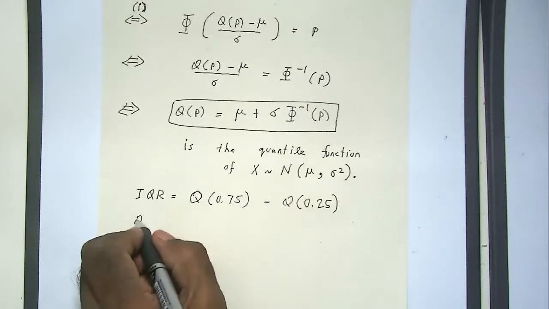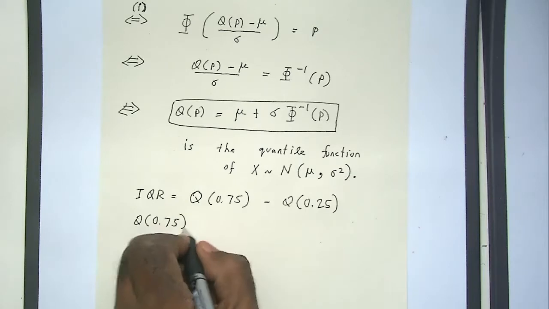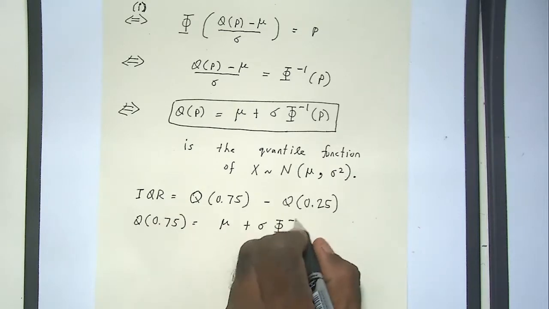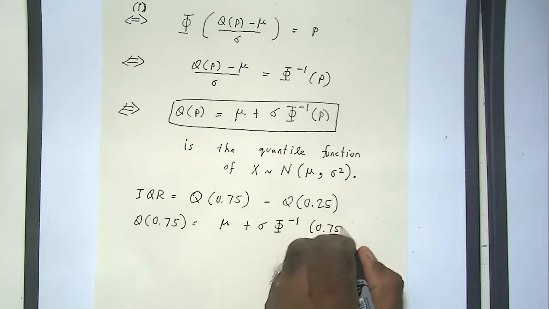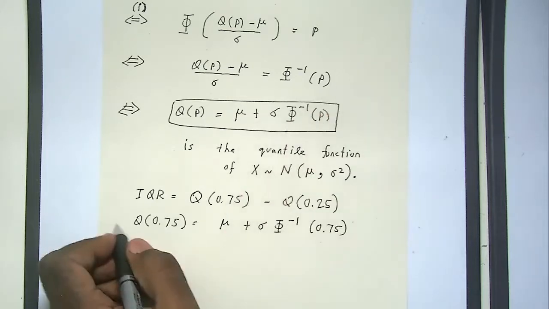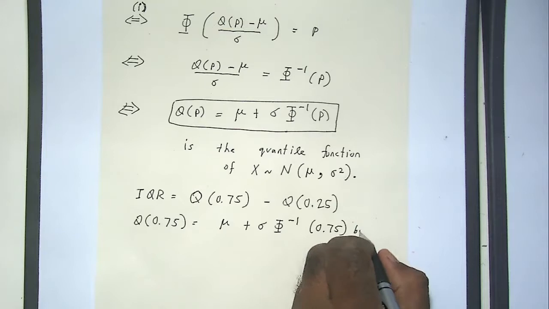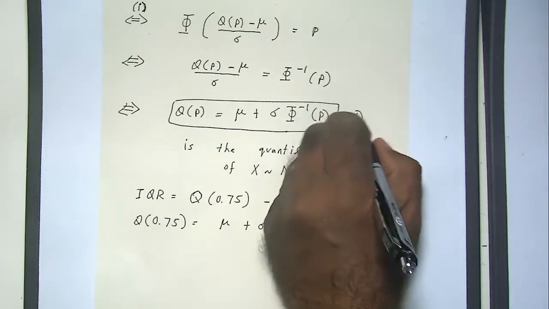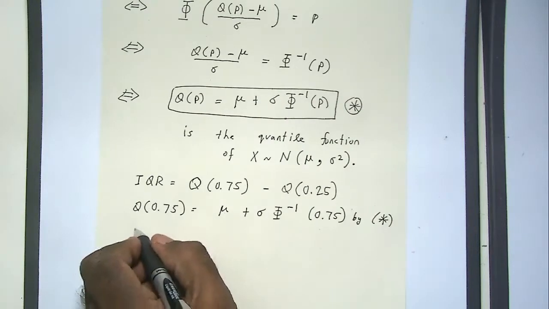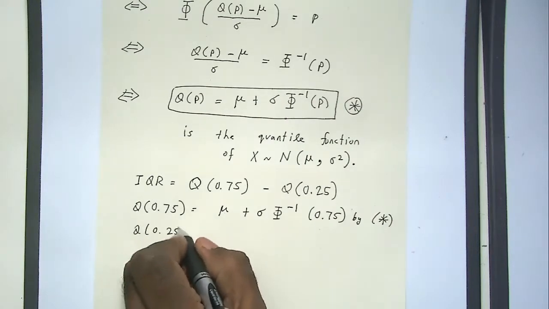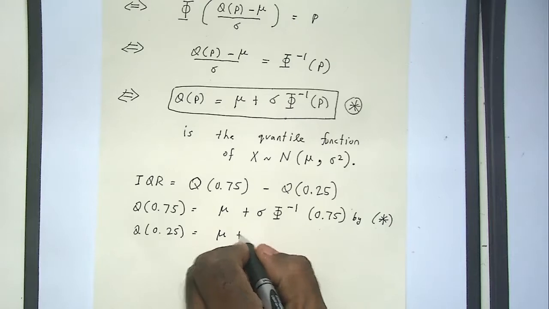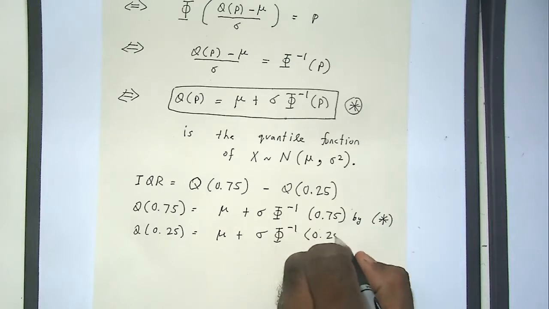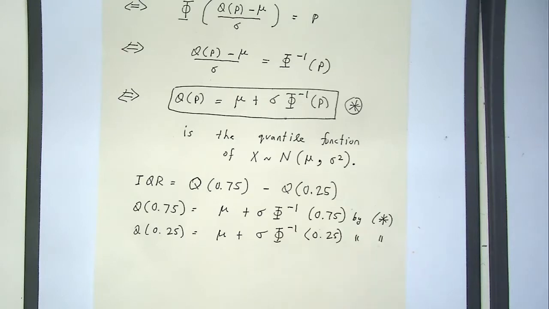Now Q at 0.75 is mu plus sigma phi inverse at 0.75. That's from this statement here; call this star. And Q at 0.25 is mu plus sigma phi inverse at 0.25, again by star.